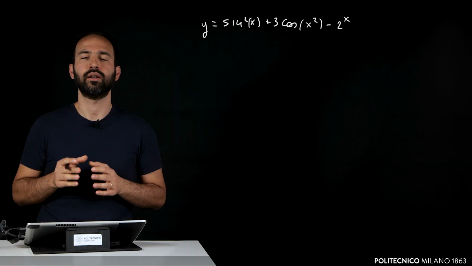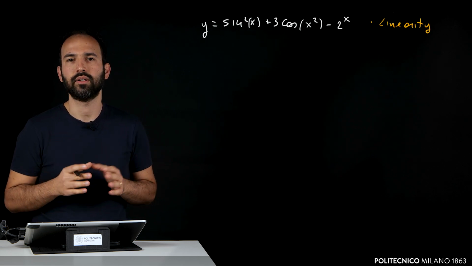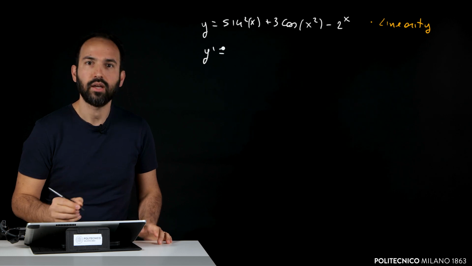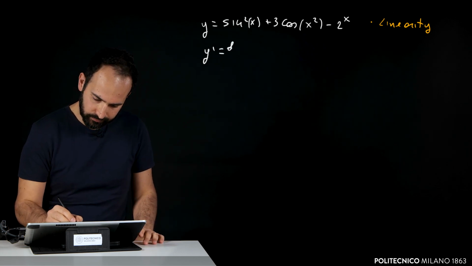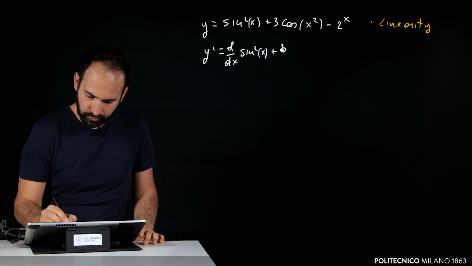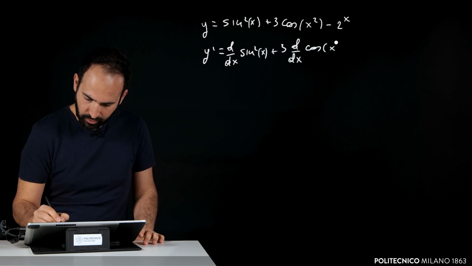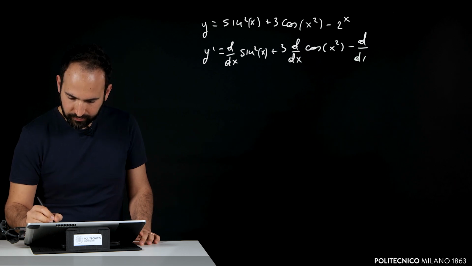Let's calculate the derivative of this sum of functions. By linearity, the derivative y prime is the derivative of the first function, sine square of x, plus 3 times the derivative of the second function, cosine of x squared, minus the derivative of the last function.